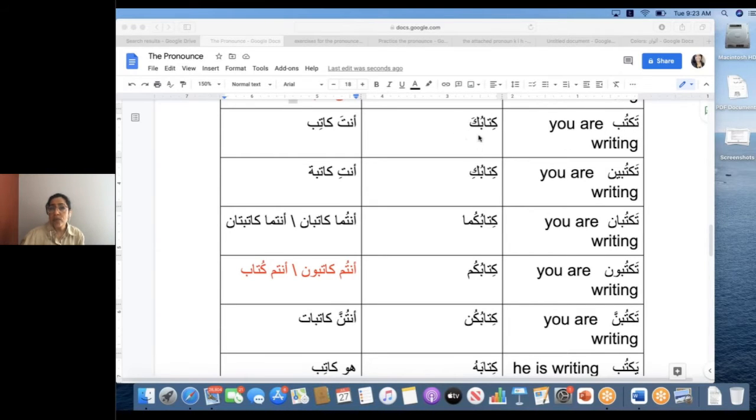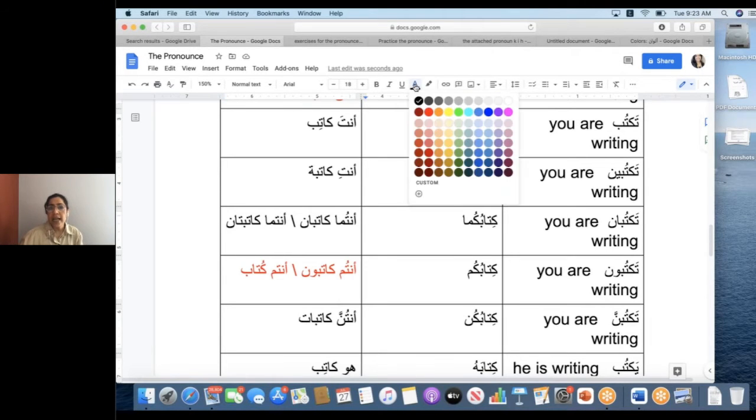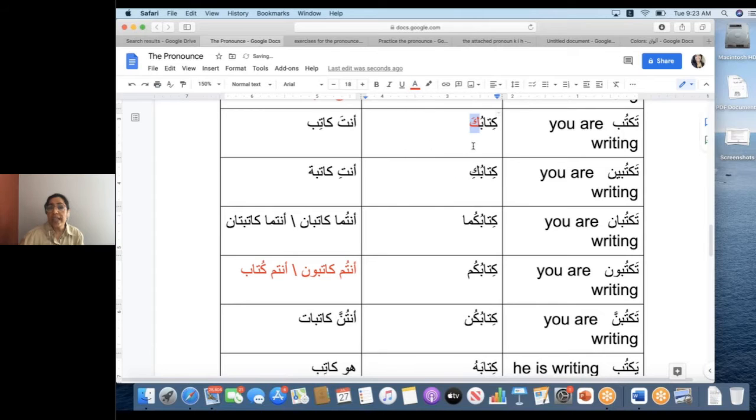And if I want to tell the Brandon, this is your book, هذا كتابك. So I add كاف فتحة at the end of the noun. If I want to tell Brandon, you are a writer, it's going to be أنت كاتب.